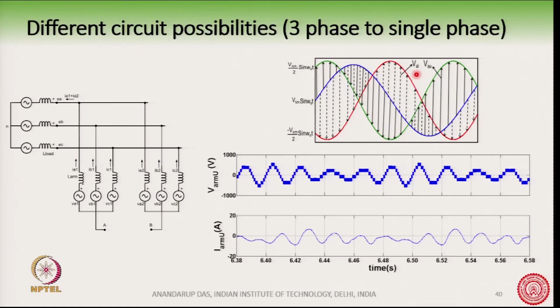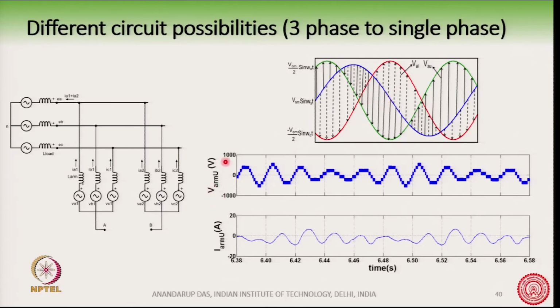What are these green and red ones? This is the voltage between point A and B. We have drawn two of them just to show how the upper arm and the lower arm instantaneous voltages can be obtained. There is basically only one of this waveform. So, there is one single phase AC and one 3 phase AC, but at a different frequency.